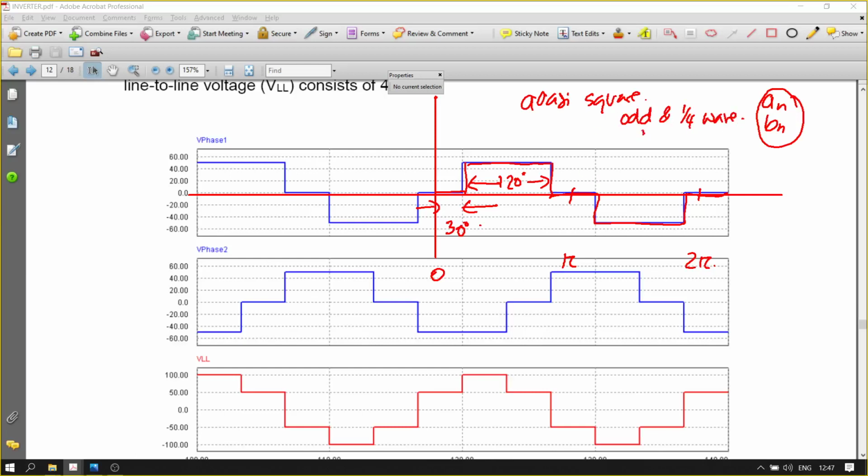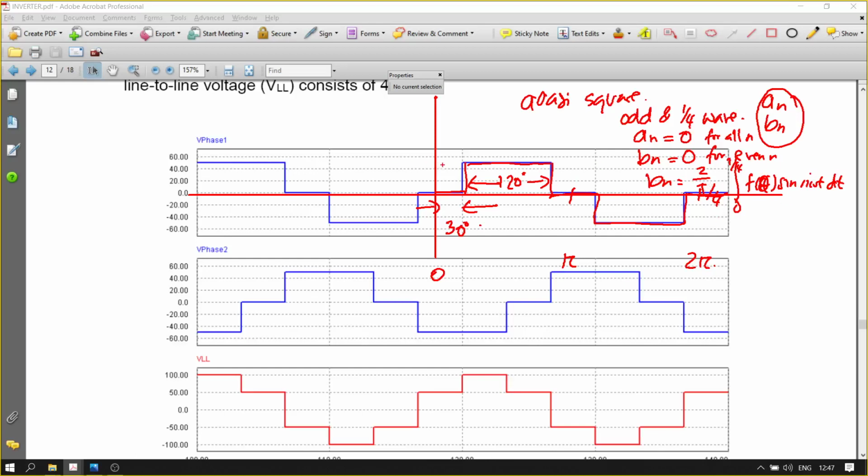So therefore, An is 0, and Bn is 0 for even n, and you can find Bn equals 2 over T over 4, integral from 0 to T over 4, of f of t, sine n omega t dt, isn't it? So you evaluate that, then you get the result.